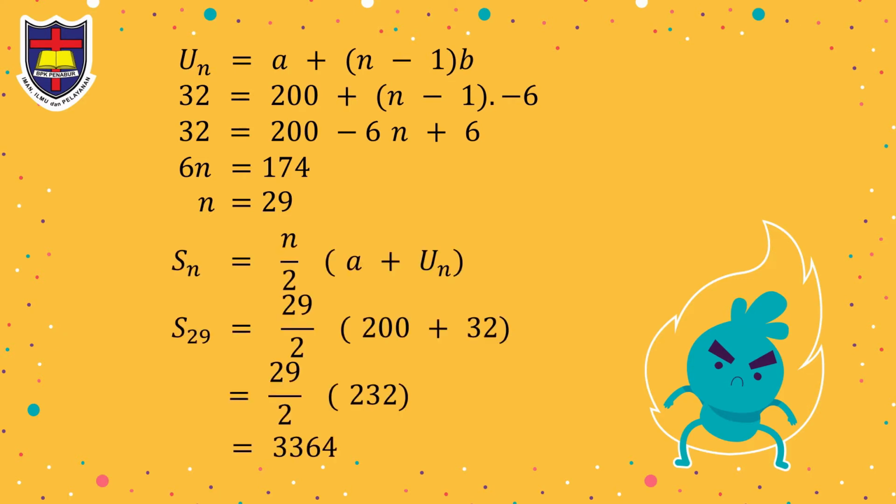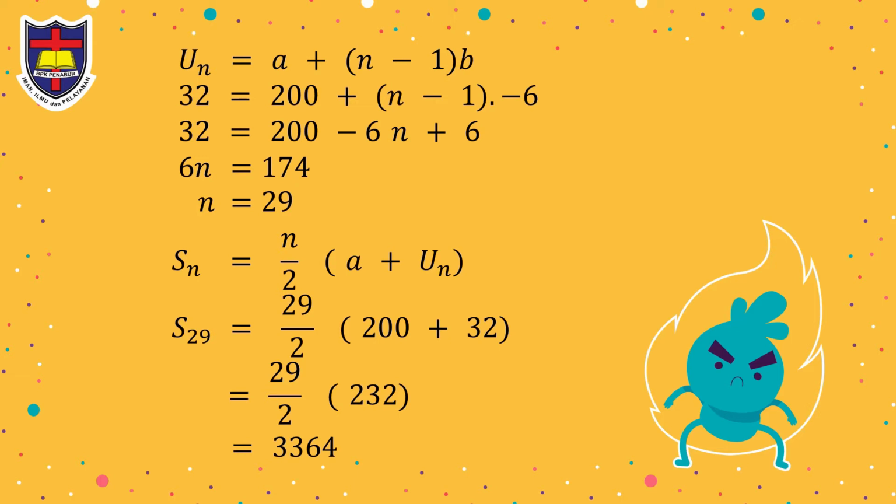So now we will find the sum of this arithmetic sequence. So Sn equals n over 2 times a plus un. So the value of n is 29. So we can find the sum of the 29 terms in this arithmetic sequence. So S29 equals 29 over 2 times a, 200, and un is 32.